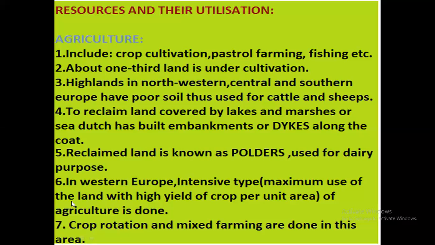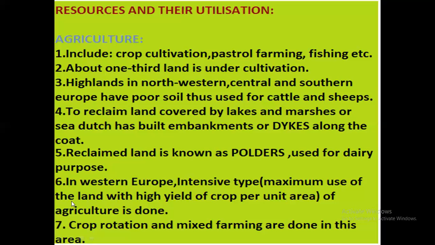Once X is grown and harvested, and the crop is removed from the field, crop Y will be grown. Once crop Y is harvested, crop X will be grown again. This is rotation, one after another. So crop rotation is practiced in Europe.